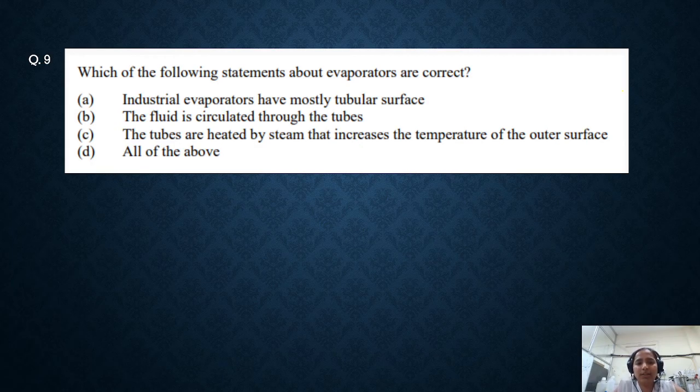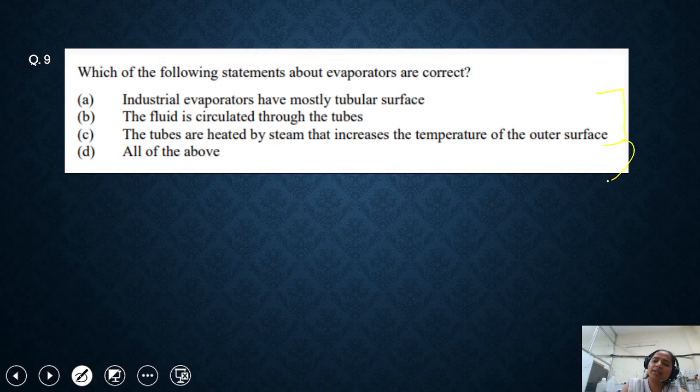Tell me how industrial evaporators work. Anyone, please answer this. All these statements are directly written on your slides, and if you have seen the lectures, you will know the answer.